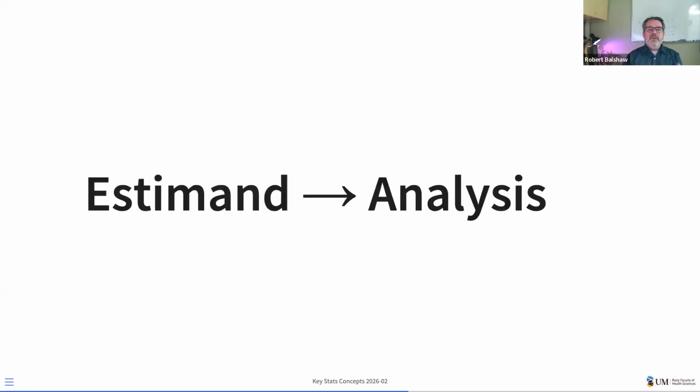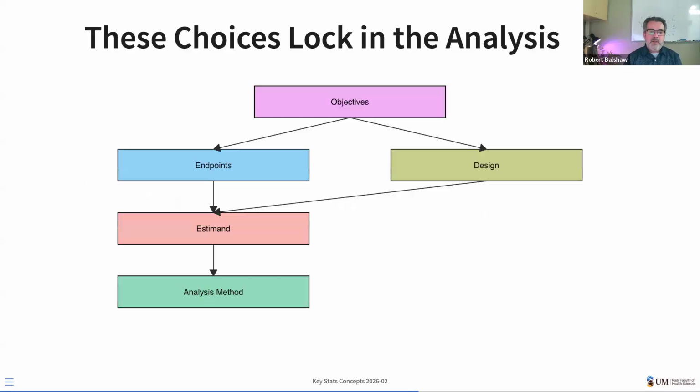Okay, so having gone from the overall objectives of the trial and letting them shape the way we establish the endpoints and the way that we think about the design, those two things come together and help us understand the estimand that's in play. From the estimand, it's a short hop, skip, and a jump to the analyses that are going to be needed.